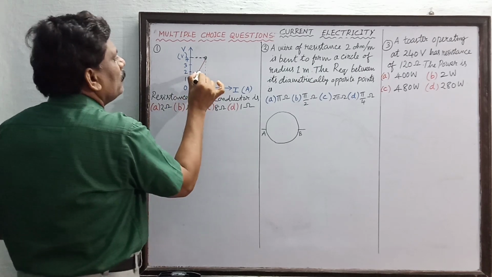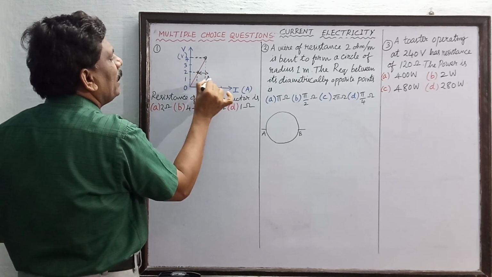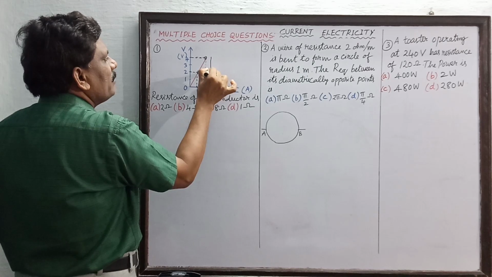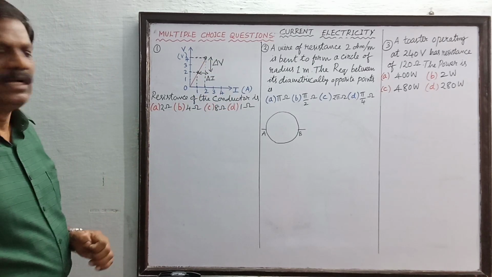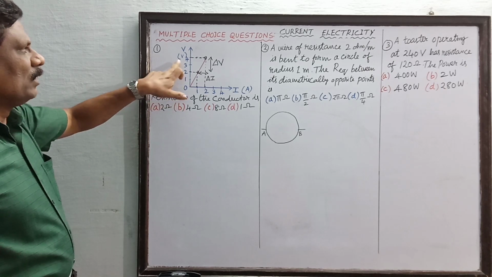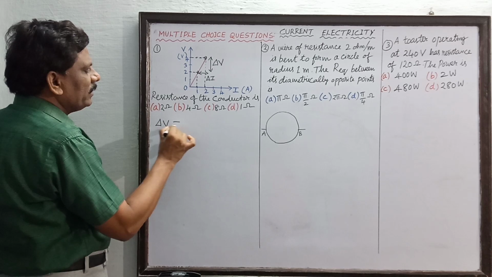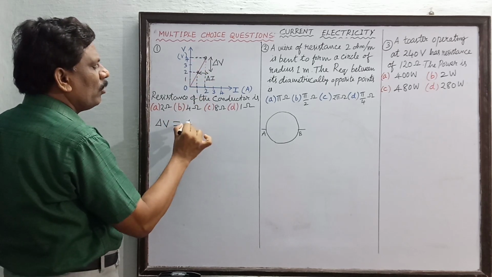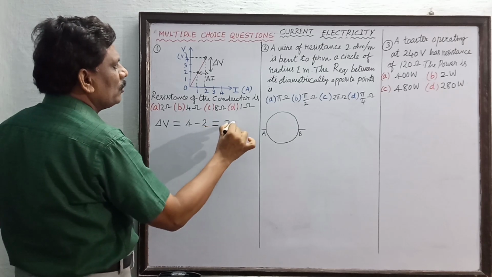This difference will give you delta I, and this difference will give you delta V, the change in the potential difference. Delta V is equal to the final value 4 minus the initial value 2, so this is equal to 2 volt.